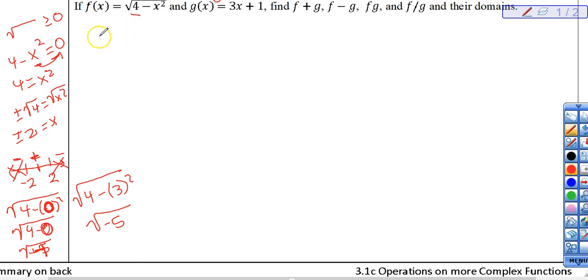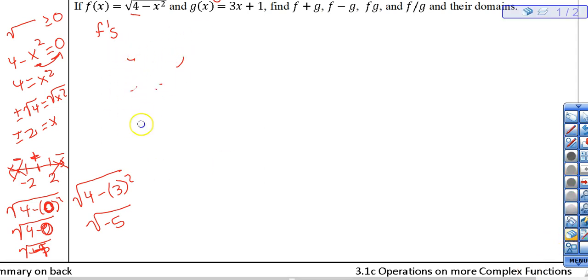Yes. No, because you have to do the power before you do the subtraction. It's 4 minus a -3 squared. So that is 4 minus 9. Because you're squaring a negative, that's positive. Okay. It's a good question, though, and I'm glad you asked it.